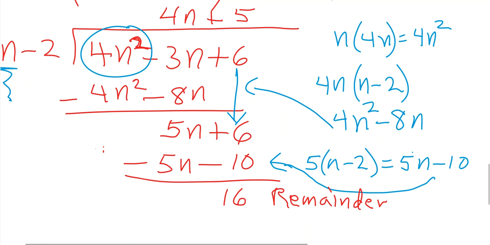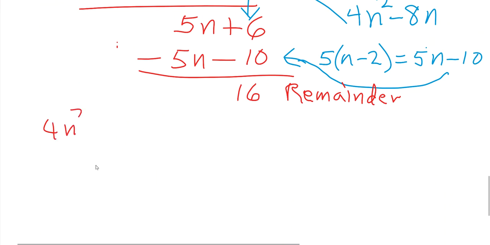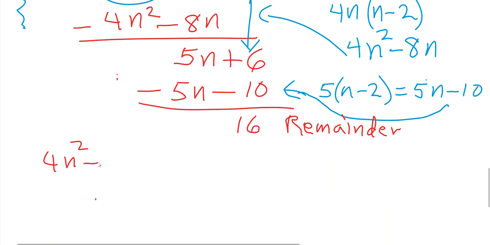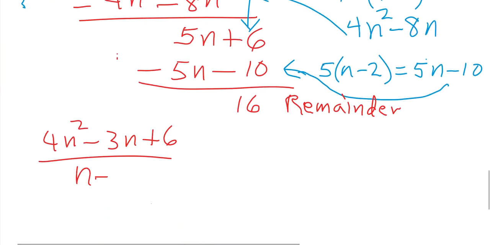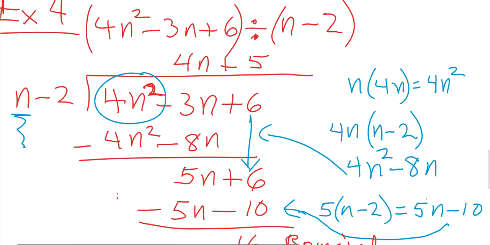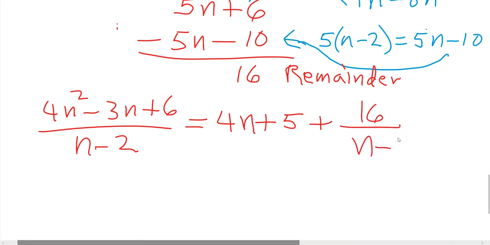So how do we write the final answer? We're going to write that 4n squared minus 3n plus 6, all divided by n minus 2, is going to be equal to, right up here, this guy, 4n plus 5, plus the remainder, 16 over n minus 2.